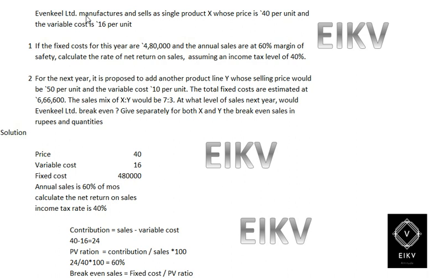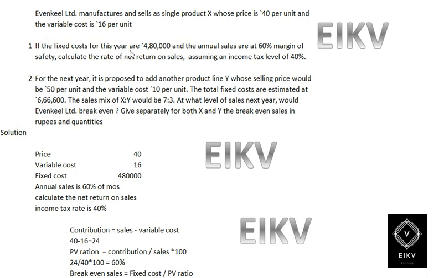This illustration is regarding break-even point. I am directly going to the question. Everkey Limited manufactures and sells a single product. Product name is X, whose price is rupees 40 per unit, and the variable cost is rupees 16.